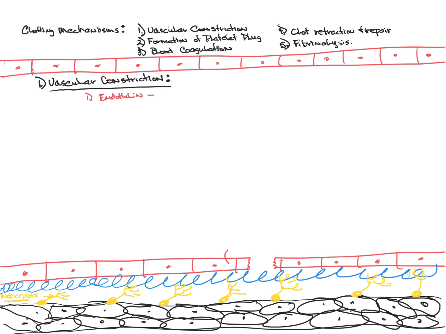And because of this traumatized cell, it's going to stimulate these receptors. You remember I told you that on these smooth muscles we've got these receptors, and they're on all of them. So this endothelin then hits that smooth muscle, and it's going to cause vasoconstriction.